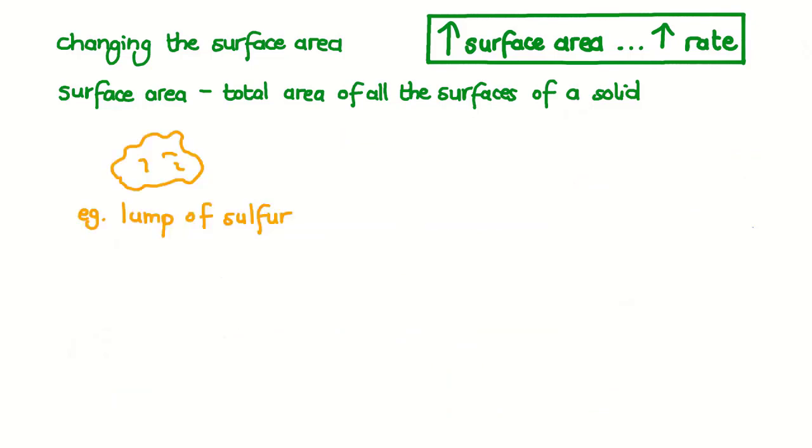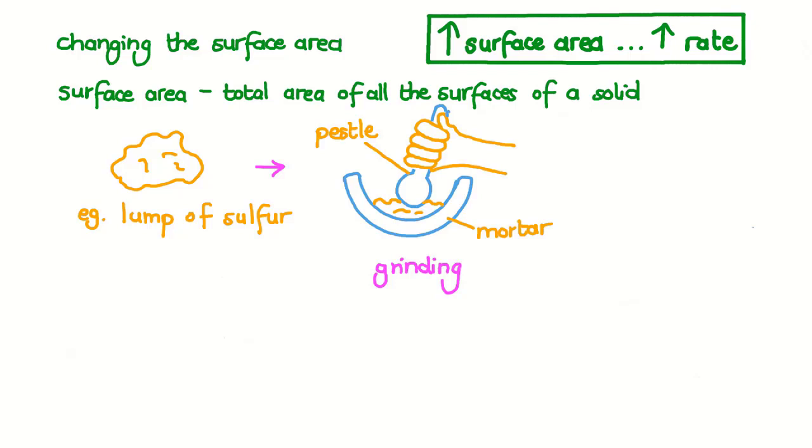In real life, not all solid reactants come as nice neat cubes or can be cut into nice neat cubes like metals can. For example, sulfur, when it's stored in a container, often forms big chunky lumps. These big lumps have a low surface area. By grinding up the lumps using a pestle and mortar, the solid can be powdered.